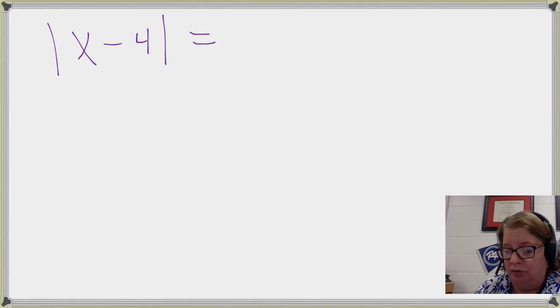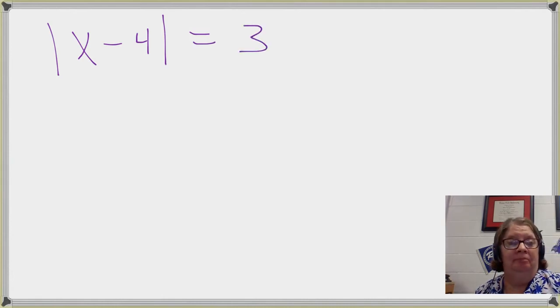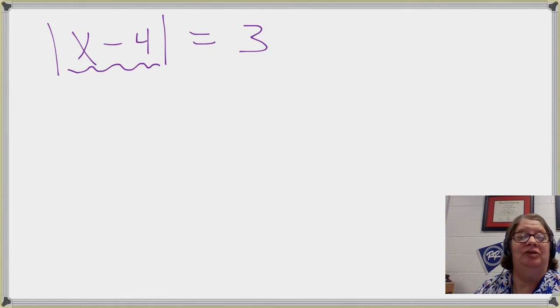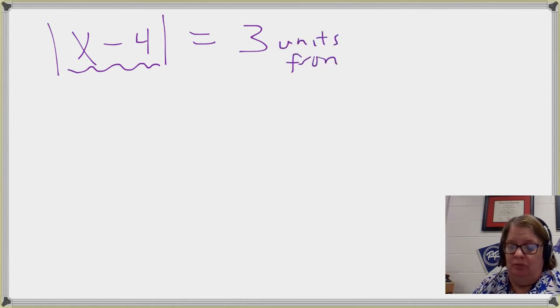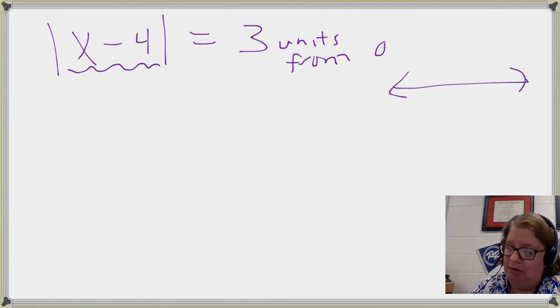So what does that mean when we start to solve an equation? Let's say we have the absolute value of x minus 4 equals 3. Whatever this value of x minus 4 is, it's 3 units away from 0. If we think about a number line, if this is 0, we have 3 and negative 3.